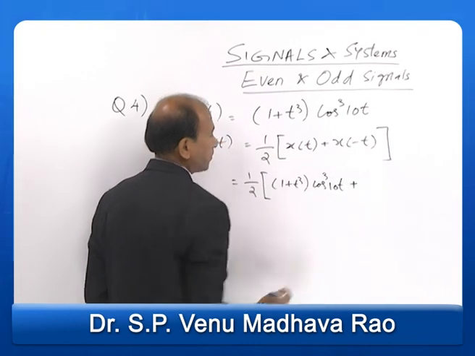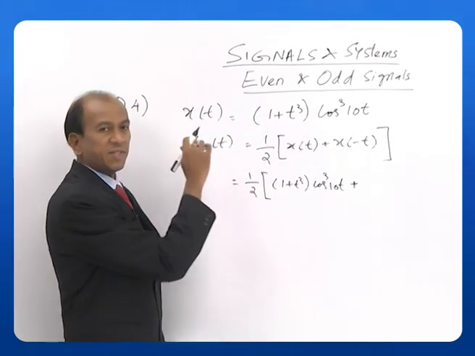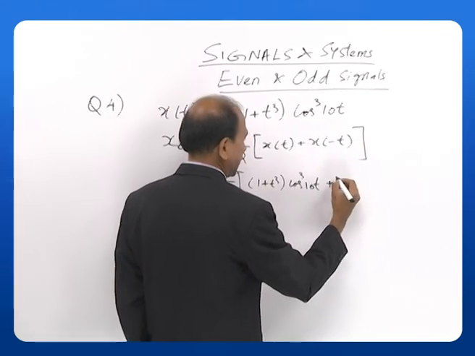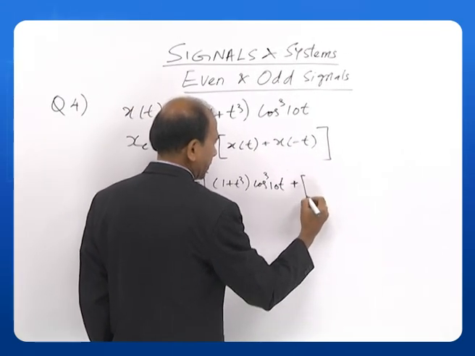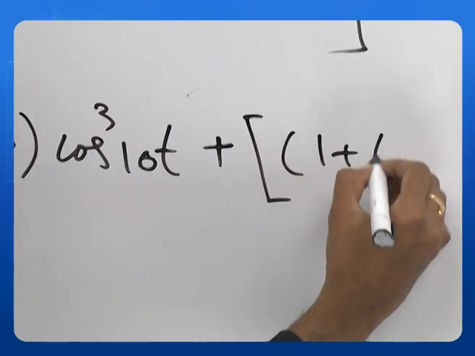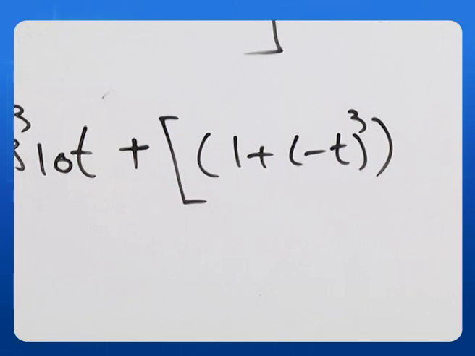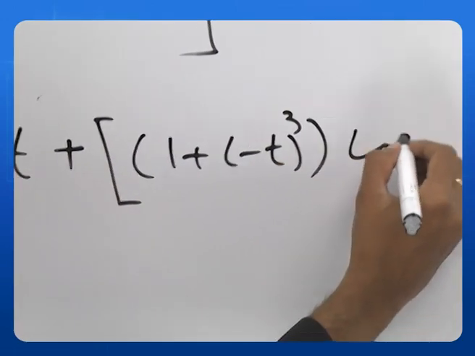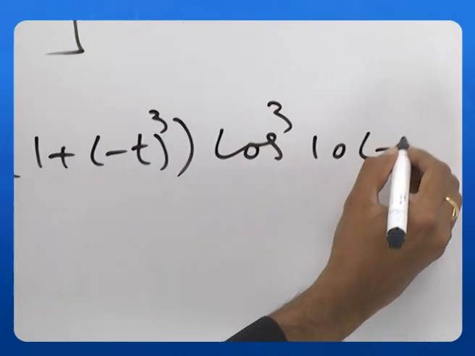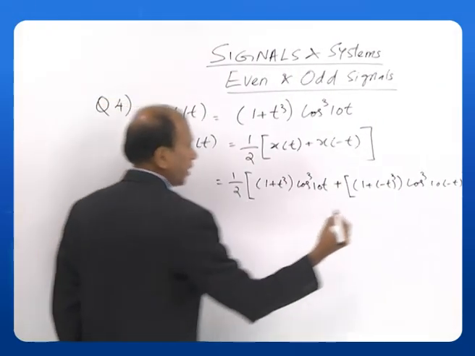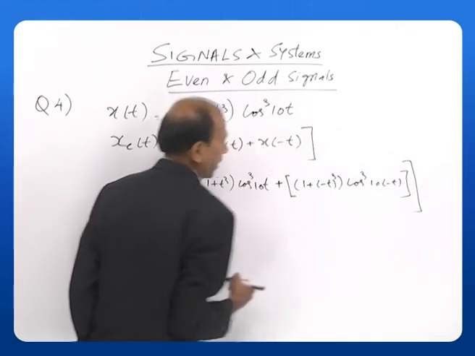plus, now we have to replace t with minus t. So, this will become plus 1 plus minus t whole cube, okay, into cos cube of 10 of minus t, okay, and we put a bracket around the whole thing.